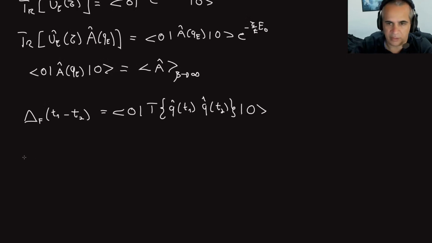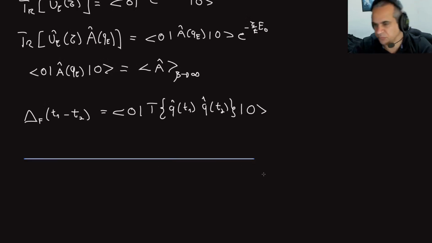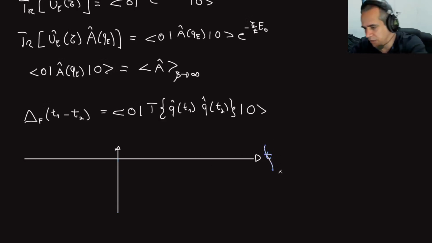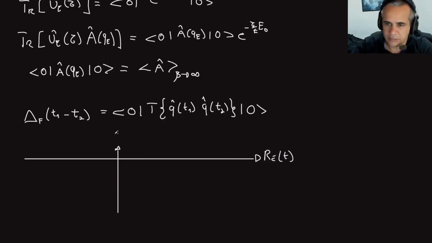So now I'm thinking that I have some Minkowski time here, and I'm making the analytic continuation to the complex plane. So now this is the real part of t, this is the imaginary part of t. I have t1 and t2 somewhere here. I don't care too much where.